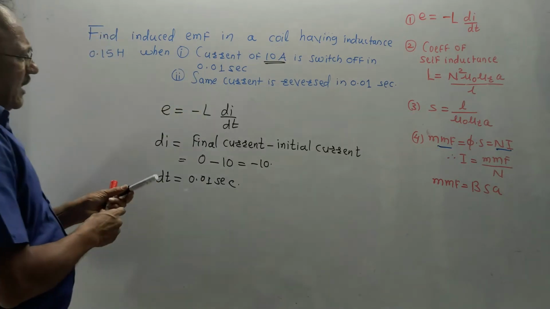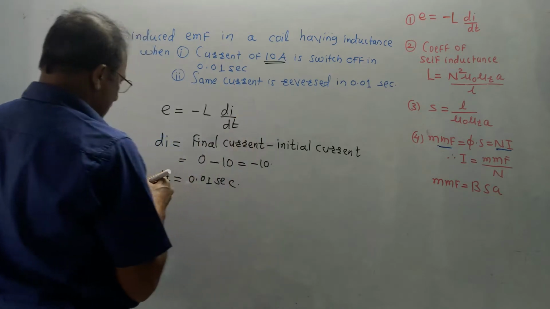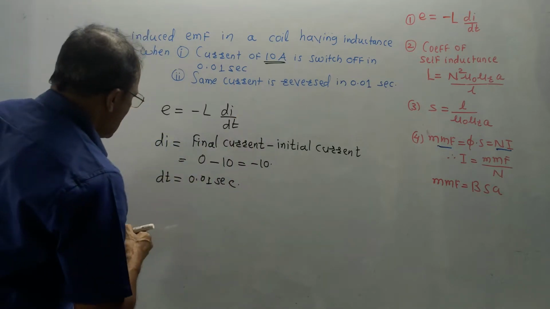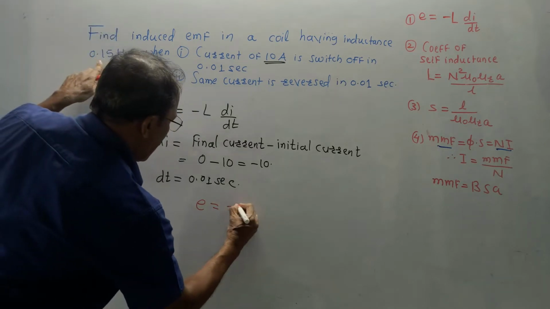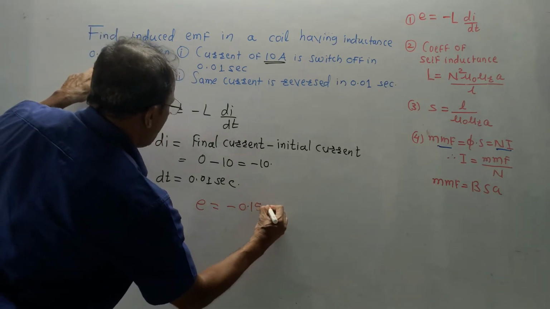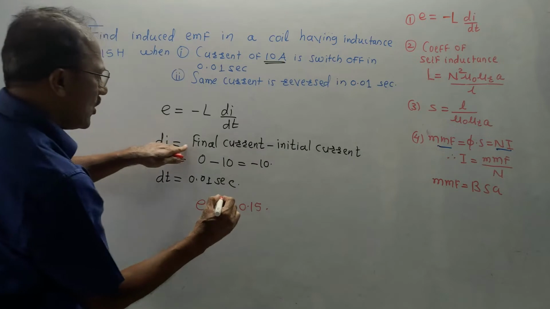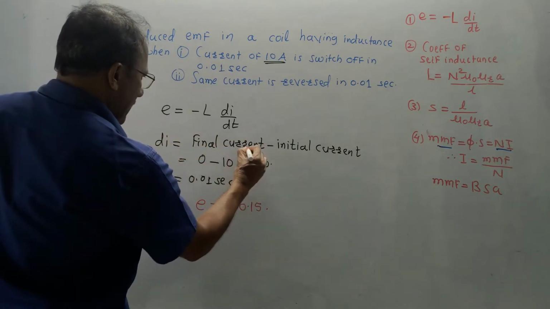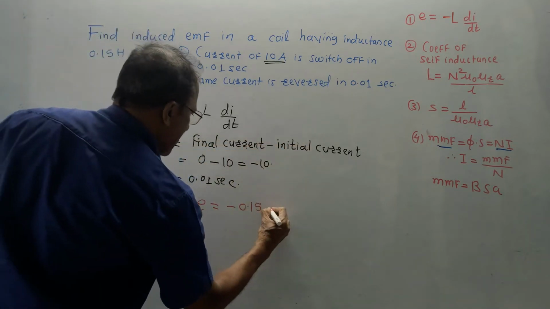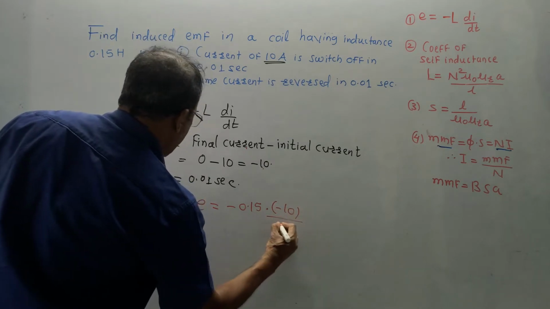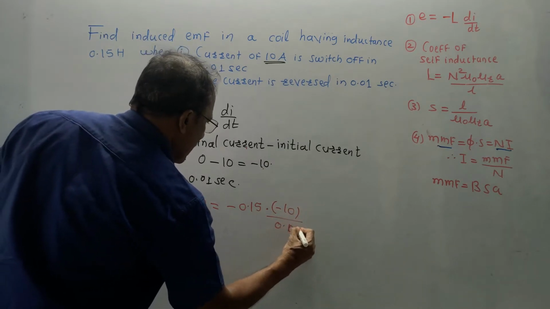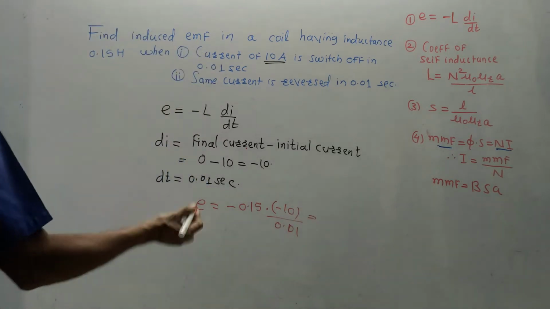So what we need to do, we have to make use of this formula. I just need to put the values in this formula. So E is equal to minus L, that is minus 0.15 into the value of di. Di is final current minus initial current, which is minus 10, into minus 10 upon 0.01. You just have to perform this calculation.